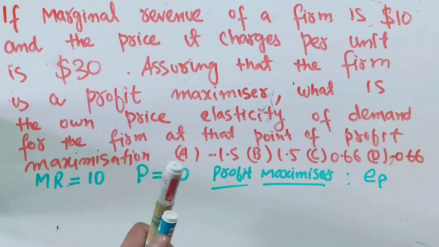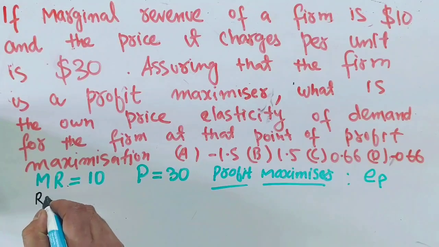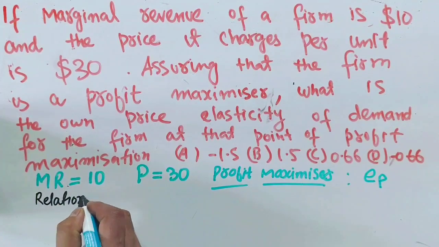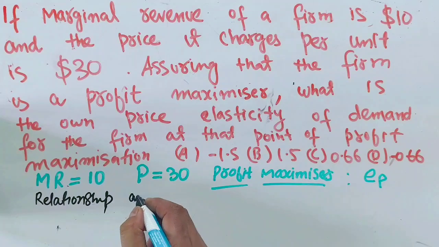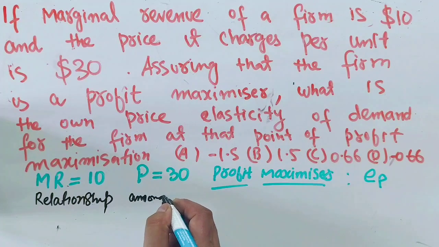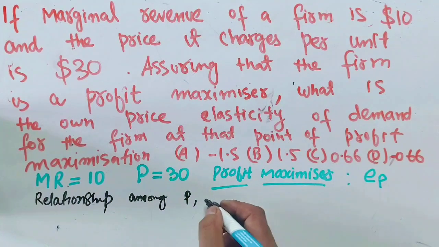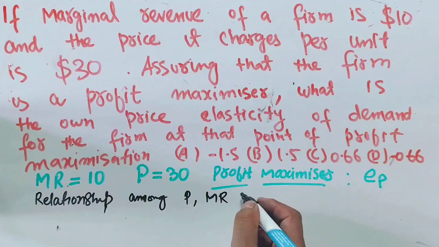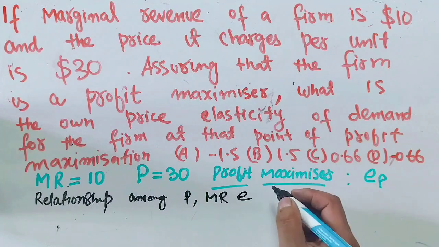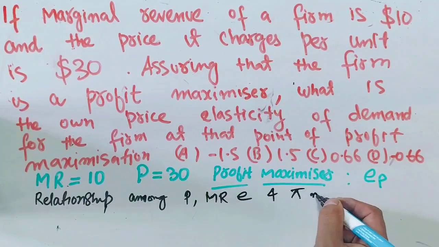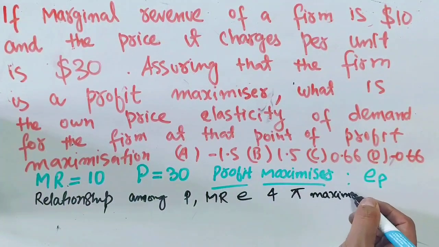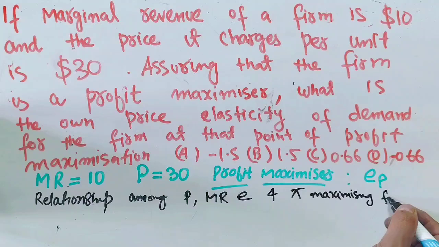Now we need to find out the relationship among price, marginal revenue and elasticity for a profit maximizing firm. We use the Lerner's index.